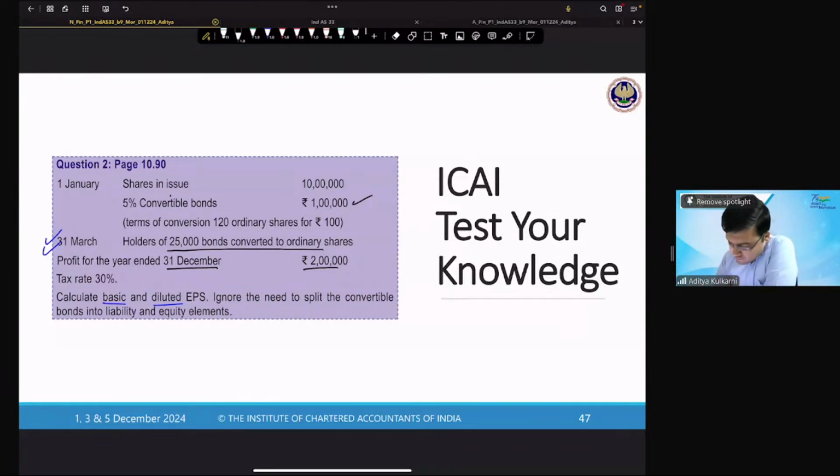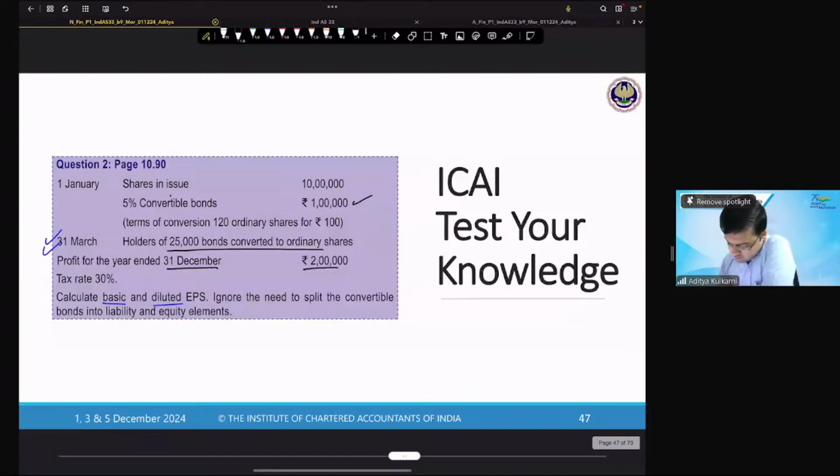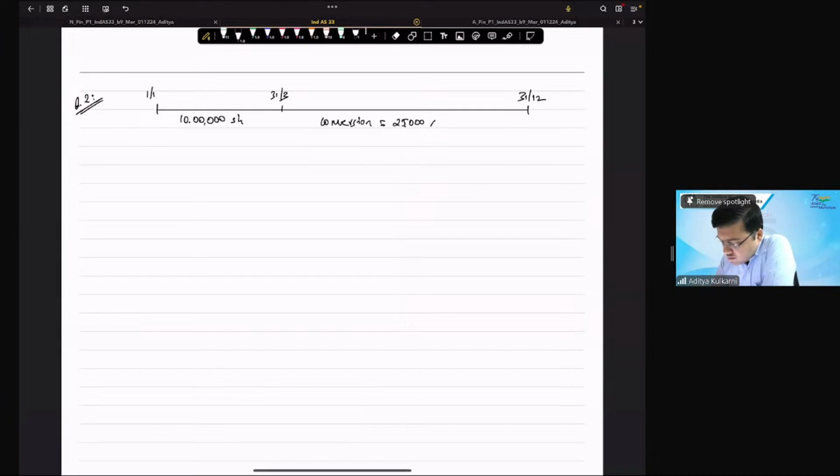Okay. So conversion is equal to 25,000 into 120 by 100. यही बोला है ना? हाँ जी. Yes. So that comes to 30,000.